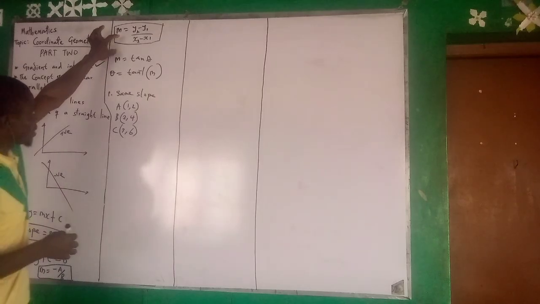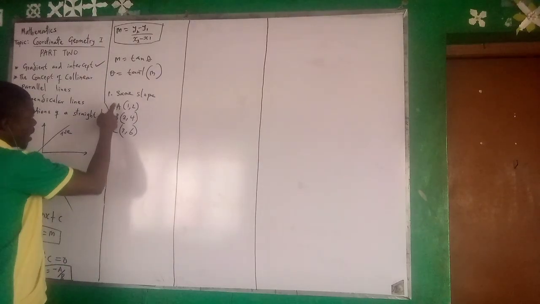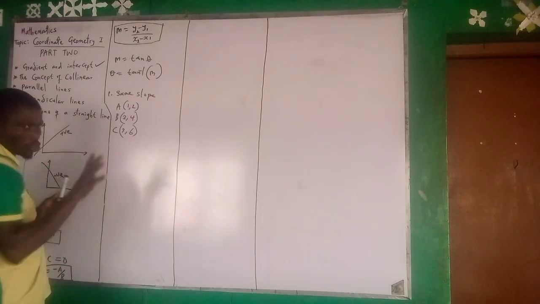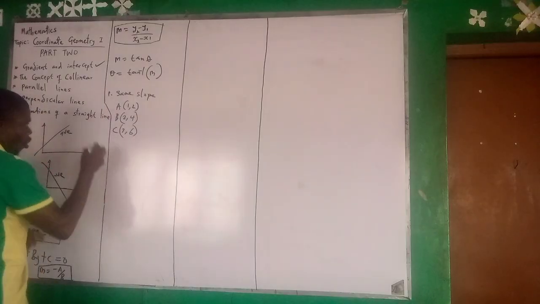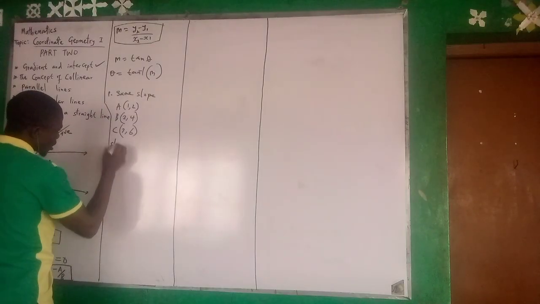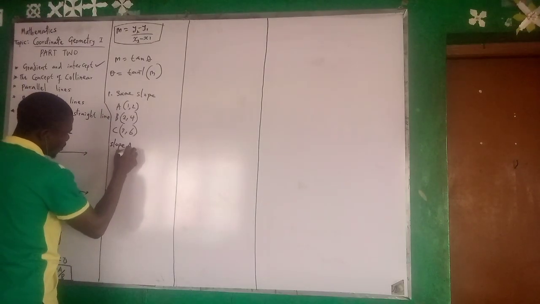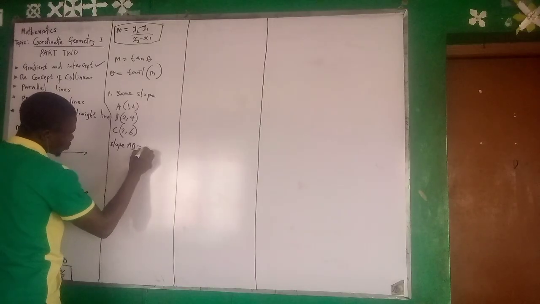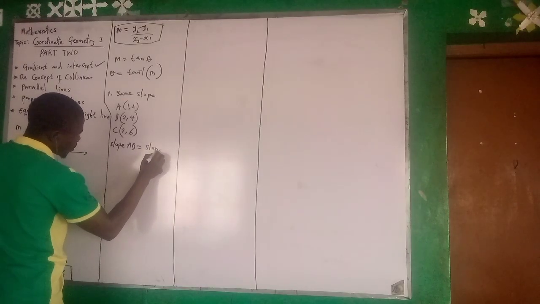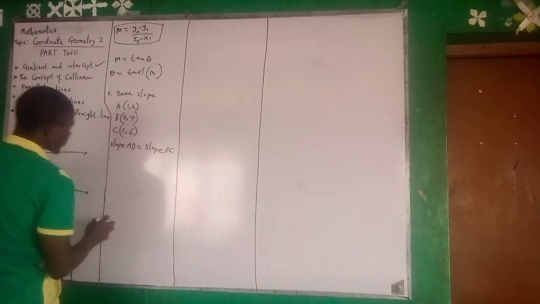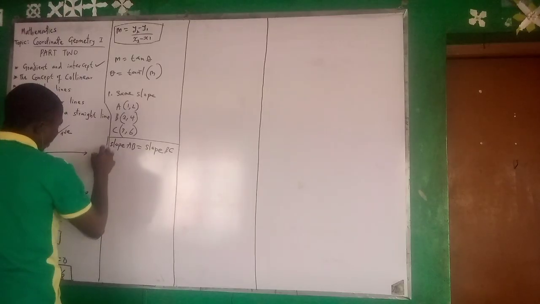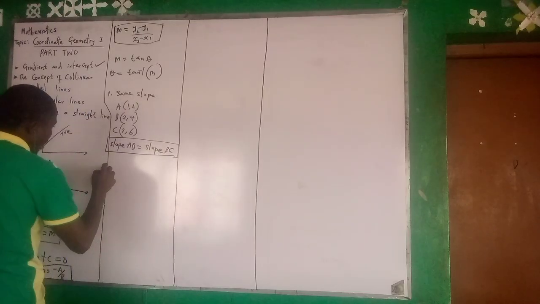Using this formula, if you compare AB and BC, you get the same slope, right? So slope AB must be equal to slope BC.